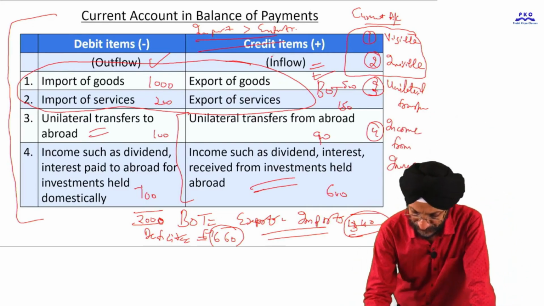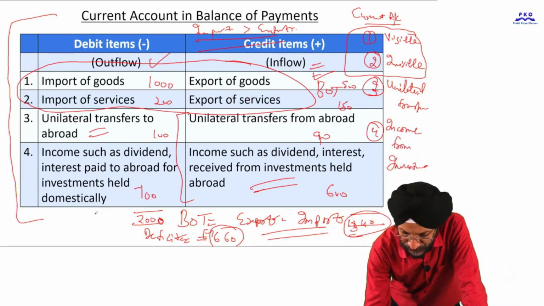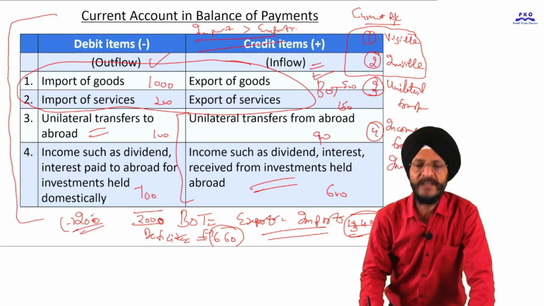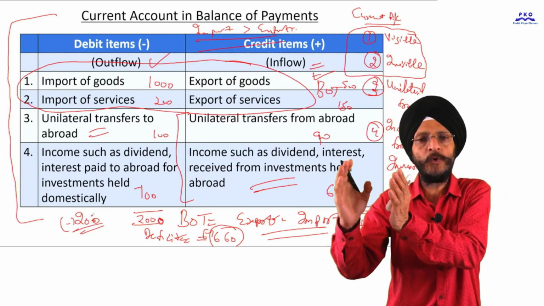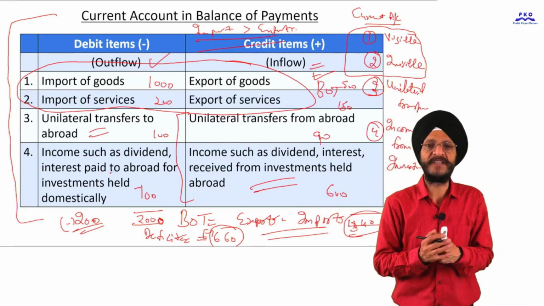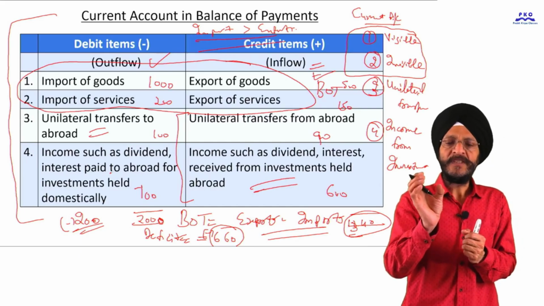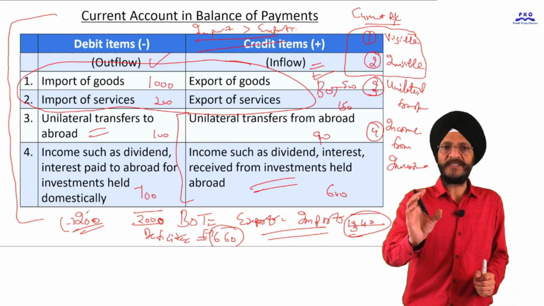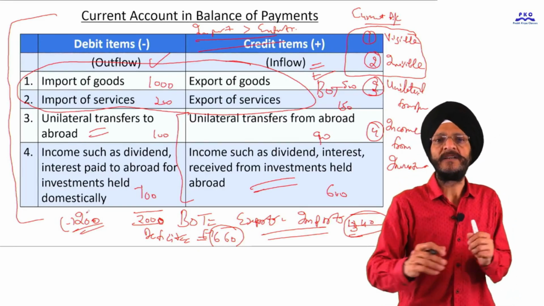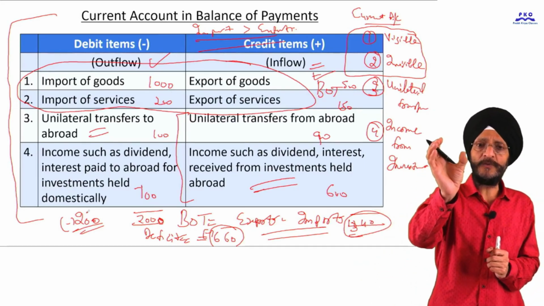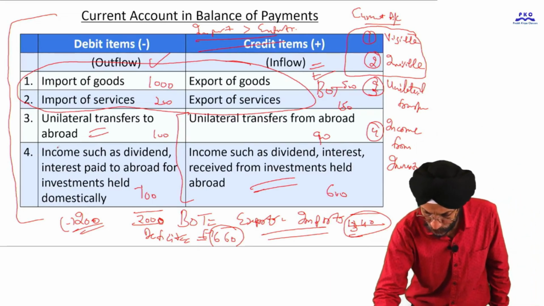Suppose there is a difference of say 200 in export and import. Suppose we assume that there are negative figures, imports are more as compared to exports. So these two items, unilateral transfers and income, can play some role in reducing this negative figure to some extent, but we cannot say that all of the negative impact of balance of trade will be absorbed by these two items.